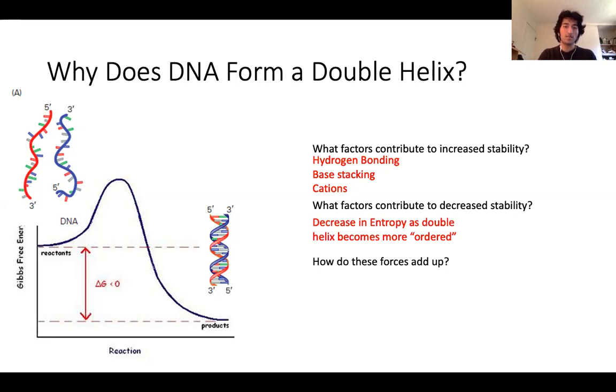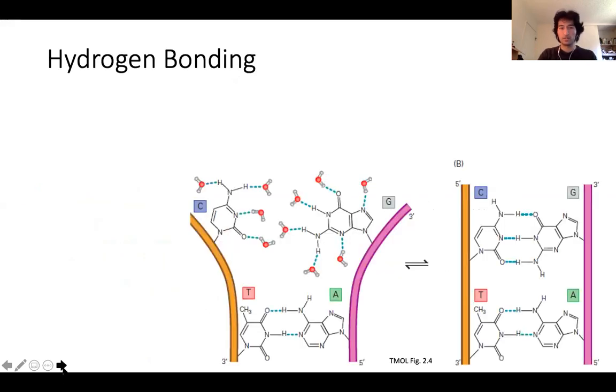So next, I want to talk about how these forces eventually add up and lead to the equilibrium that we see here. The first force that I want to talk about is hydrogen bonding. So this is what your DNA double helix and its single-stranded pairs look like before the helix forms if you're in an aqueous environment.